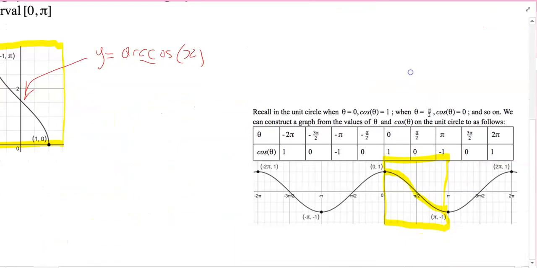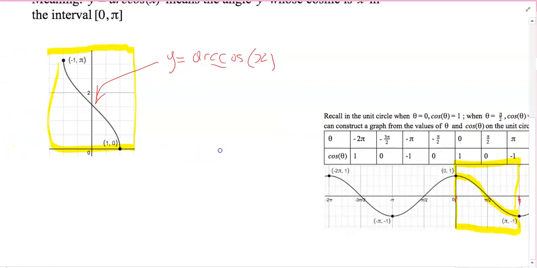So recall the cosine function, this function right here. It is not one-to-one. We restrict it to the interval 0 to pi. This now becomes a one-to-one restricted function.